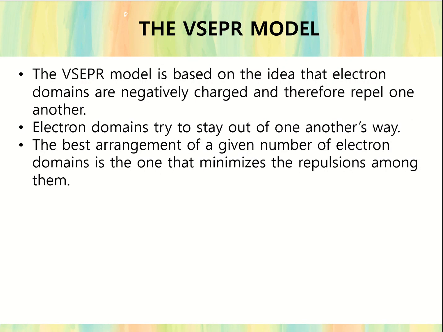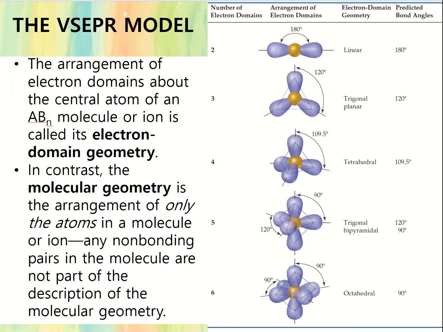And so the best arrangement of a given number of electron domains is the one that minimizes the repulsions among them. So in other words, they're further away.